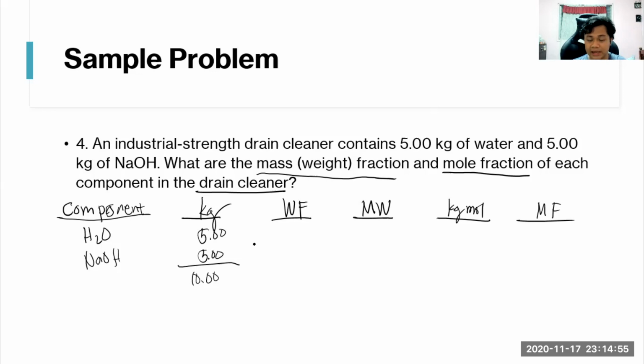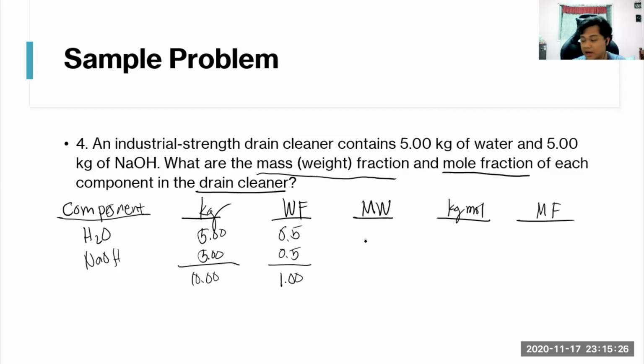To get the weight fraction, just divide the weight of water by its total weight. So 5 divided by 10 is 0.5, and also 5 divided by 10 is 0.5. So they are equal in weight fractions.